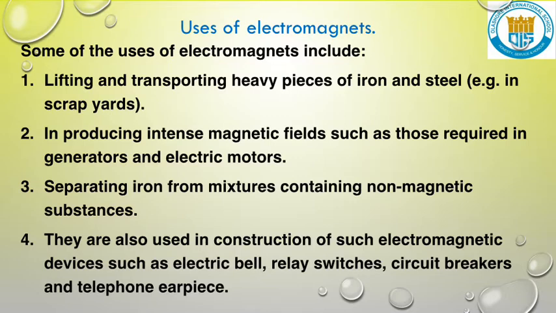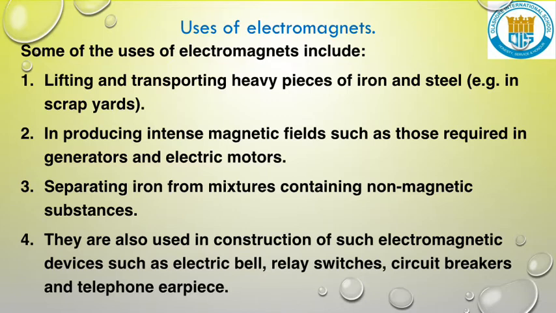Now, large electromagnets are used to lift up those heavy pieces of iron in such scrap yards. Also, electromagnets are used in creating magnetic fields that are needed in generators and DC motors. Generators and motors are compositions of another topic that I have looked at, which you will also see on this YouTube channel.